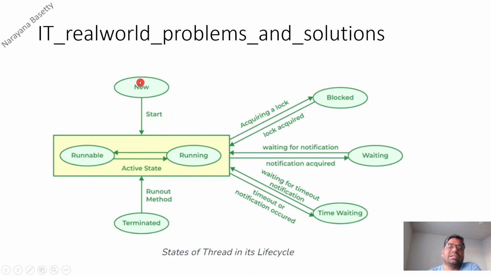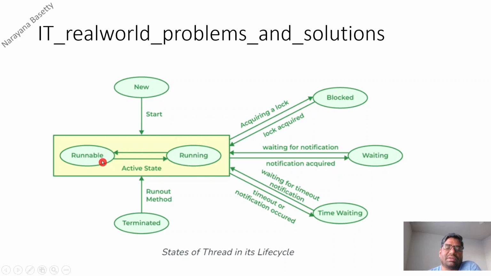Whenever I say Thread t equals new Thread, that is a new state or born state, that means the thread has just been born. Once it is in the born state, then you apply t.start. When you apply t.start, what happens? It will not immediately start running.